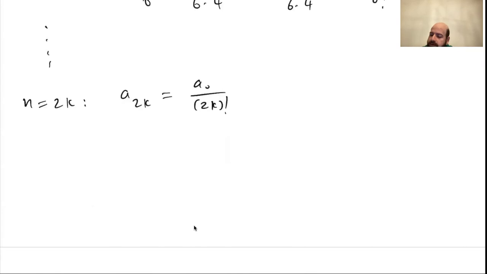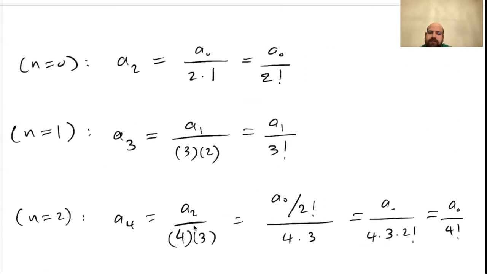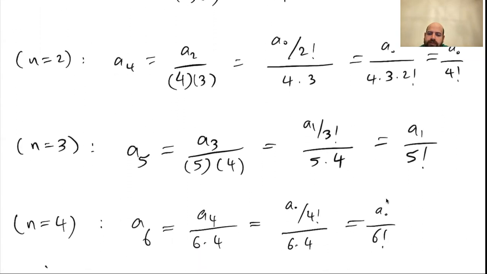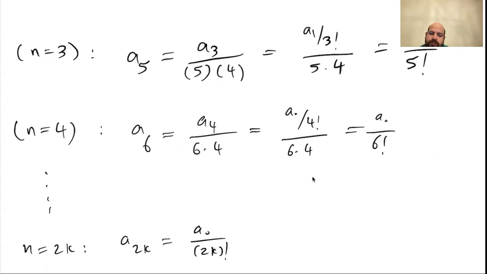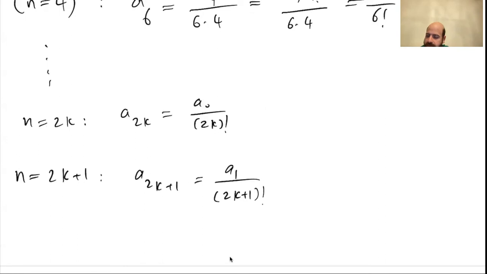And what about n equals 2k plus 1? a2k plus 1 will be a1 over 2k plus 1 factorial. As you can see here, if you look at the odd indices, a3 was a1 over 3 factorial. a5 was a1 over 5 factorial. And so on. a2k plus 1 will be a1 over 2k plus 1 factorial.